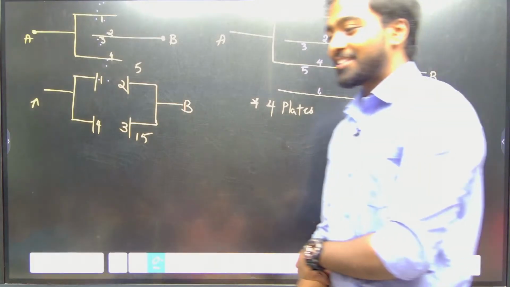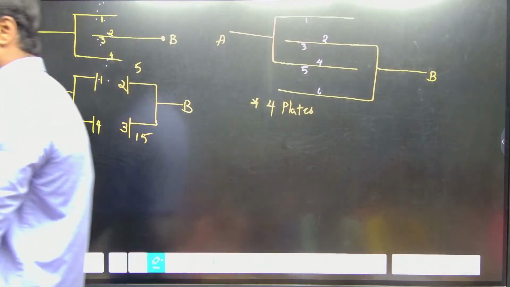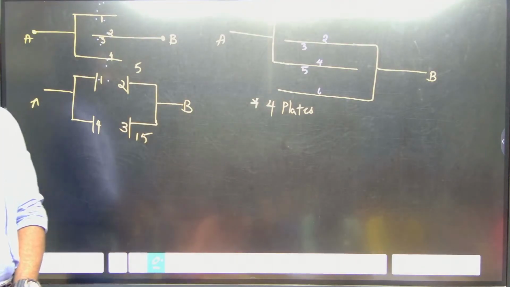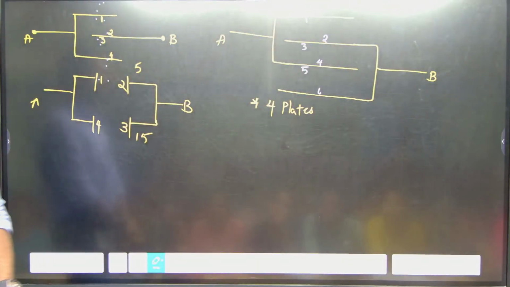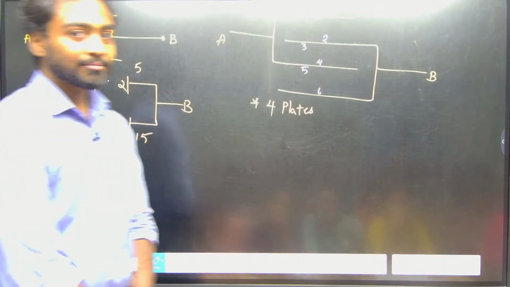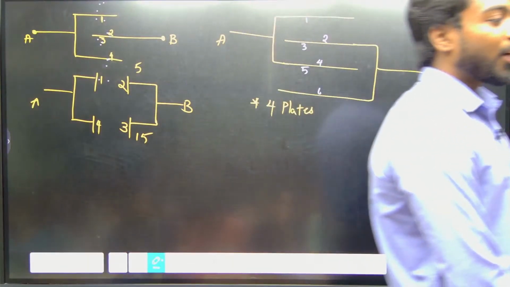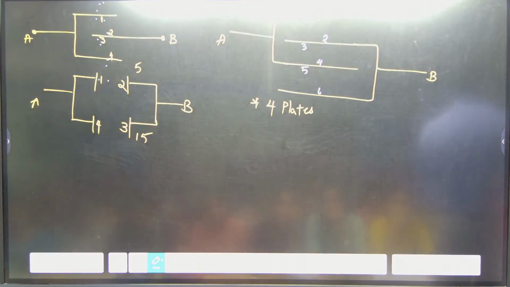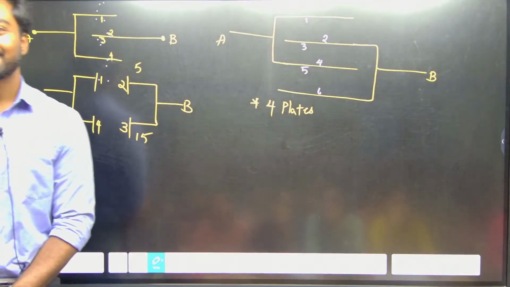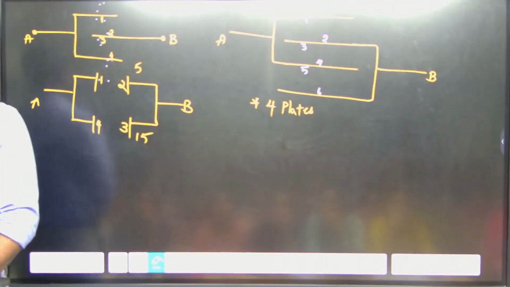Not correct for the second one. Try to analyze where we have made a mistake. A is connected with how many surfaces? 2. Then why have we taken only 2 there?